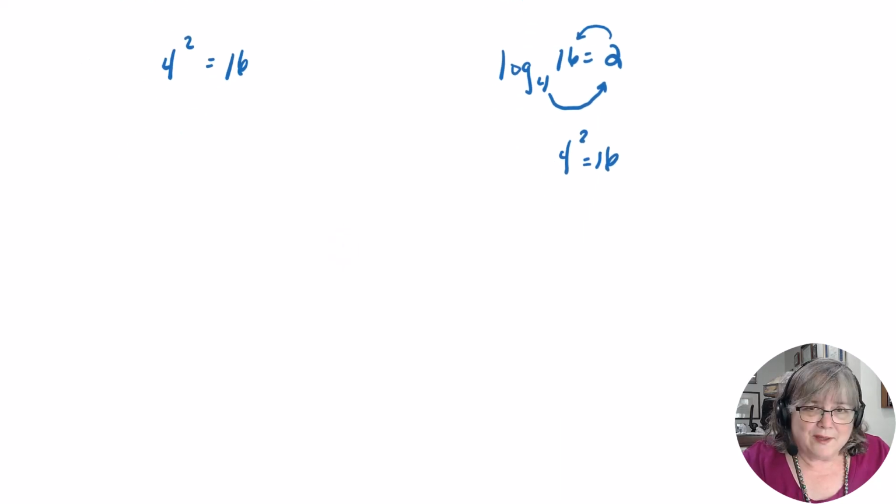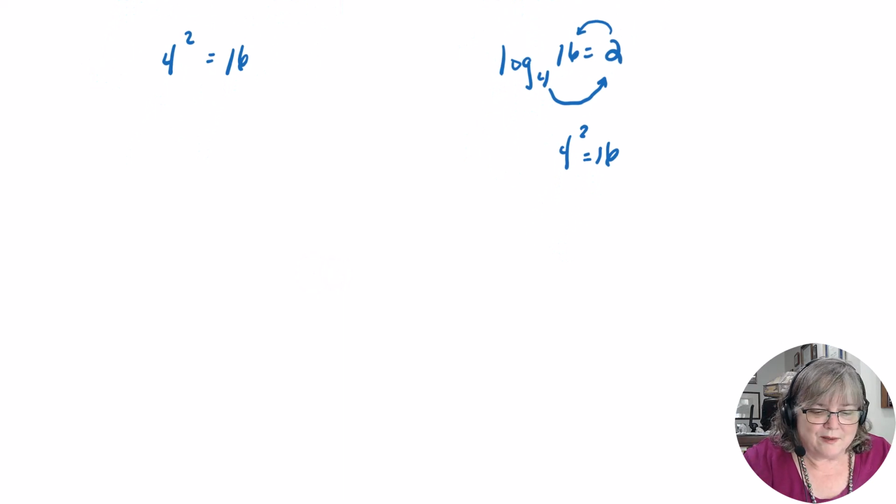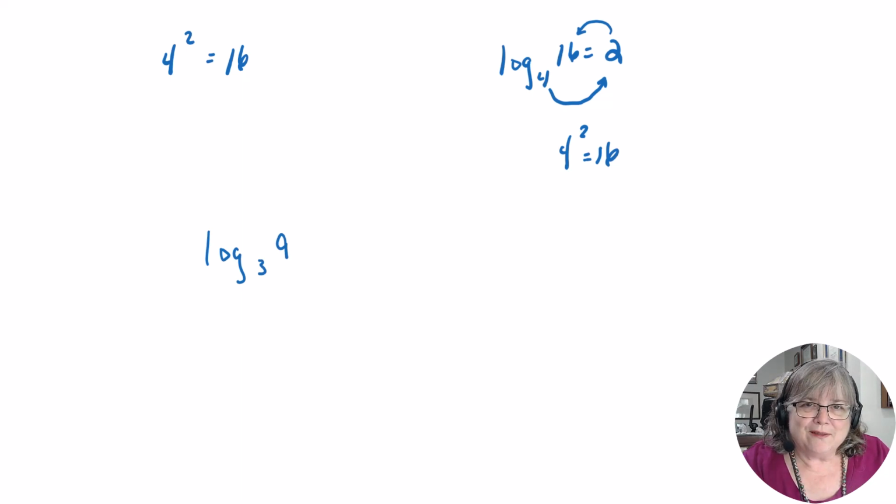Now, the trick is to get comfortable enough with it so that you can read it without the equals. So if you end up with something that says log base 3 of 9, and you wonder whether that simplifies to some nice number that your teachers expected you to know, you can think of it as log base 3 of 9 is equal to some power, and go through this process: 3 raised to some power equals 9.